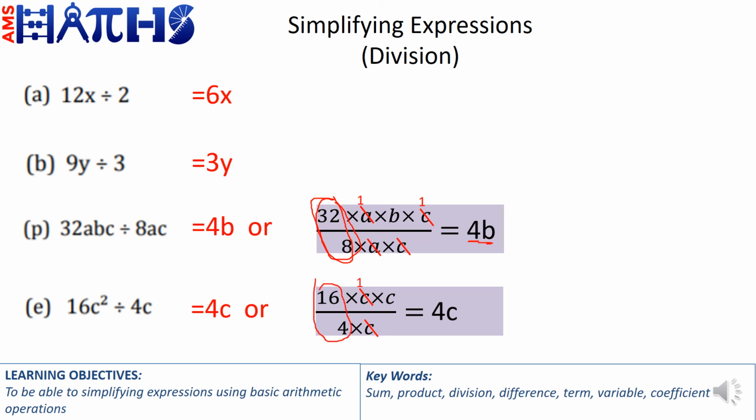I have expanded 16c squared to write out 16 times c, and on the denominator 4 times c. So the 16 divided by 4 will give us 4. C divided by c, where it's crossed out, gives us 1. And then we're left with a single c on top. And so 16 divided by 4 is 4 times the c that's left, gives us 4c.